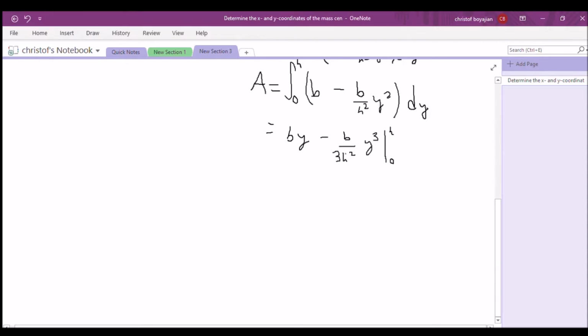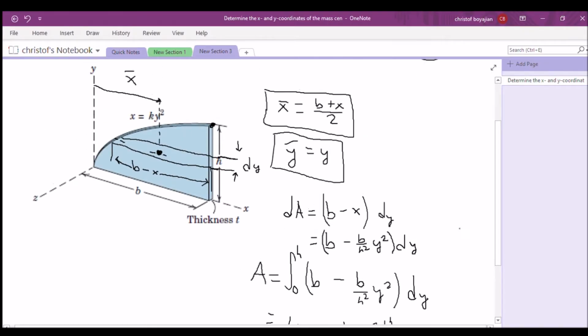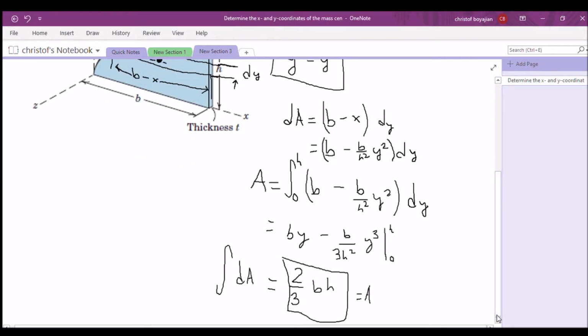Now I'm going to skip the algebraic steps for the sake of time. So the solution is going to end up being 2/3 BH. And then it's going to be our integral of dA, or in other words, our total area. All right, so you can go ahead and do that on your own. Make sure that that is correct.